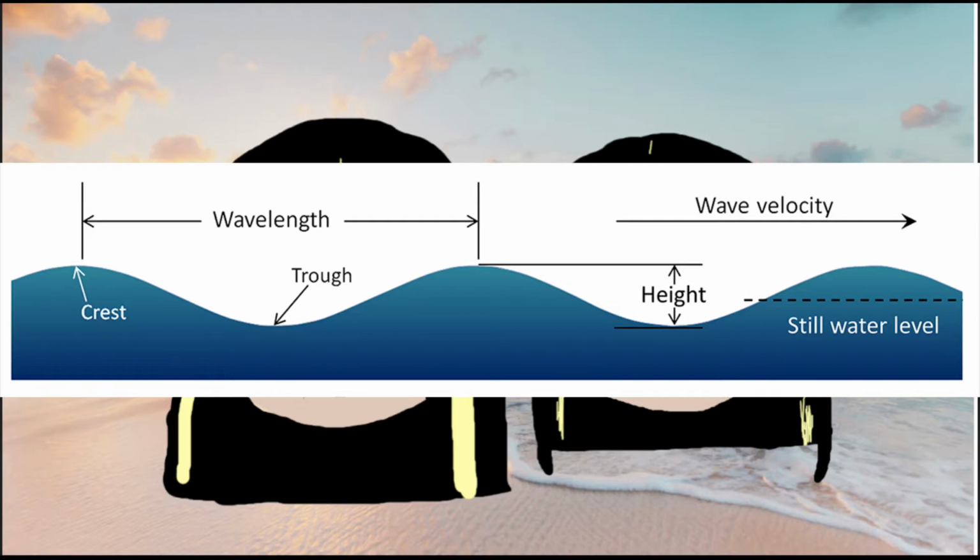Wavelength is the distance between identical points on successive waves, like crest to crest. Finally, the last component is wave steepness, which is the ratio of wave height to length. When it exceeds 1/7, the wave gets steep and will break.